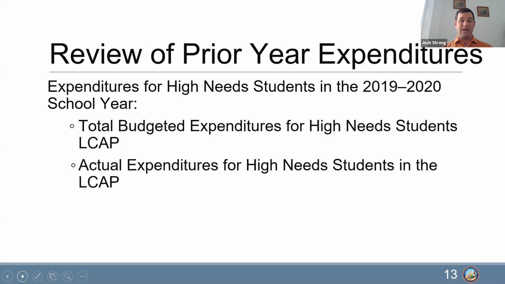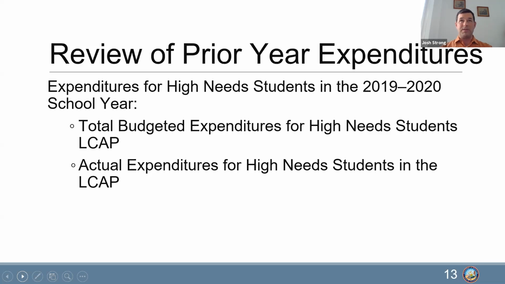The annual update would have looked at the different actions and services within the different goals, reviewed those budgeted expenditures, and also would have provided estimated actuals for those expenditures. The annual update for the 19-20 LCAP is going to be incorporated into the 2021-22 LCAP.